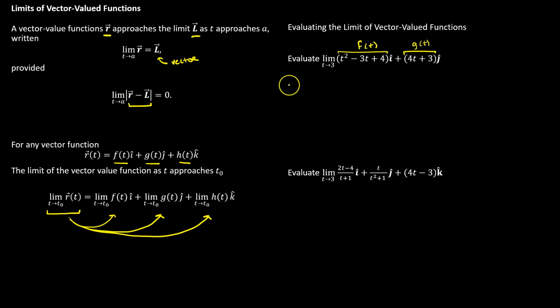So we need to start this off by separating our limits into limits of each component function. And I'm going to put brackets around that limit with the standard unit vector multiplied outside so that it really highlights the fact that we are taking the limit of component functions, not just scalar functions.